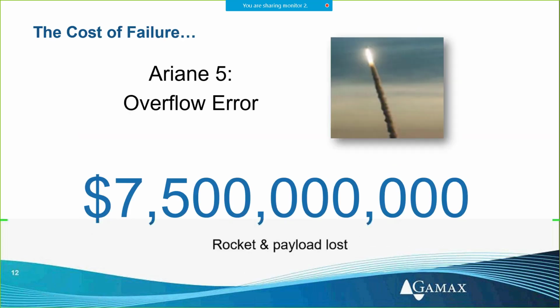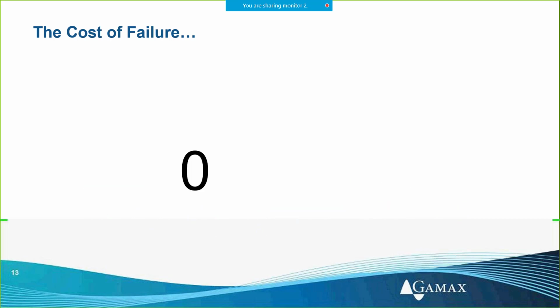Just a couple of examples of why this is interesting. In the case of Ariane 5, they ported some code from Ariane 4. However, because Ariane 5 is a stronger rocket, one of the int16 variables overflowed and the rocket self-destructed.